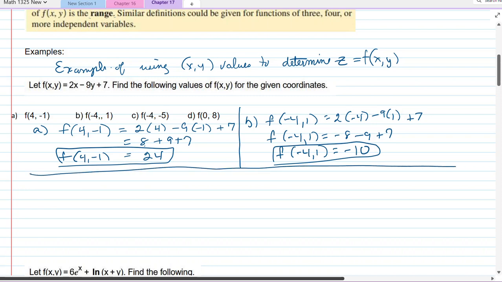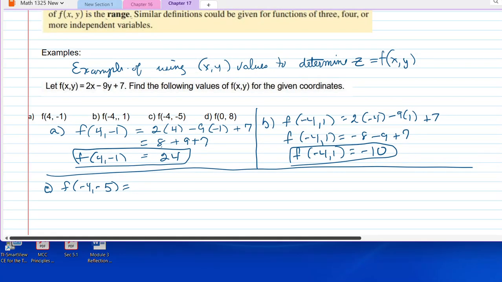So now I'm going to do the C, which is again building confidence on what we're getting. And we'll be doing this in our work. These are two negatives, negative 4 and negative 5. So let's see what happens here.